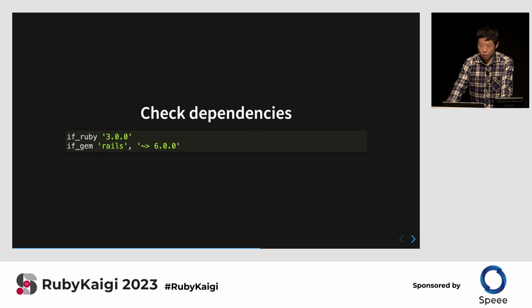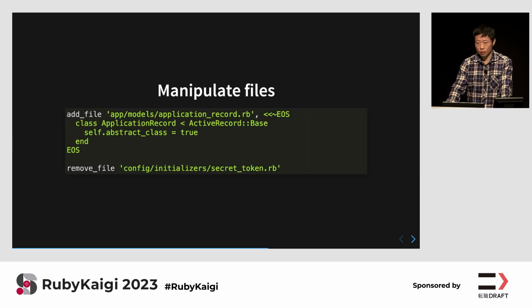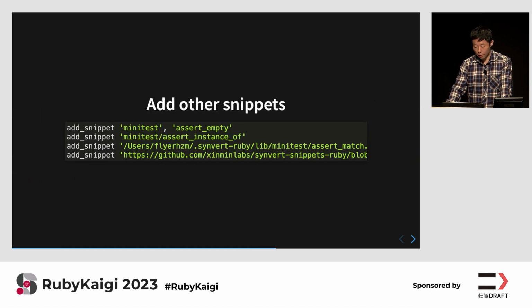You can use other DSLs, like if_ruby and if_gem to check the dependencies, add_file and remove_file to manipulate files, and add_snippet to add other snippets. It accepts the snippet name, local file, or remote URL.